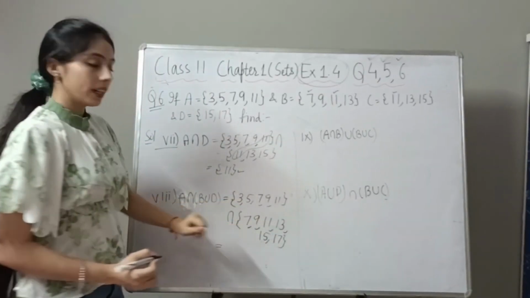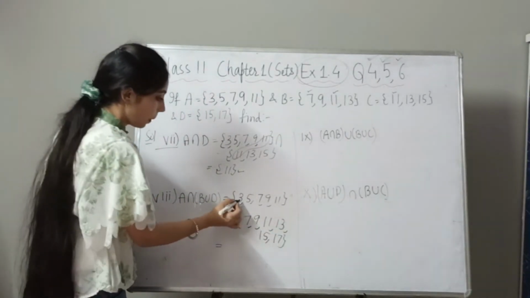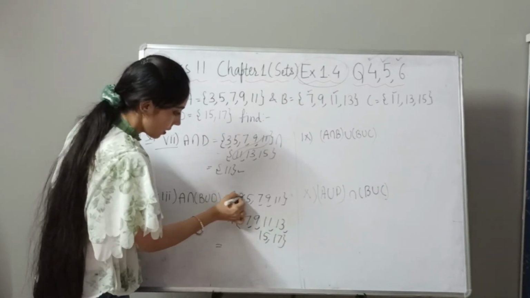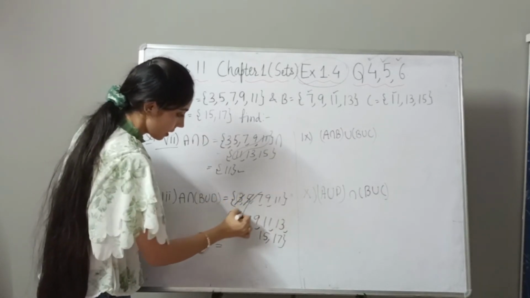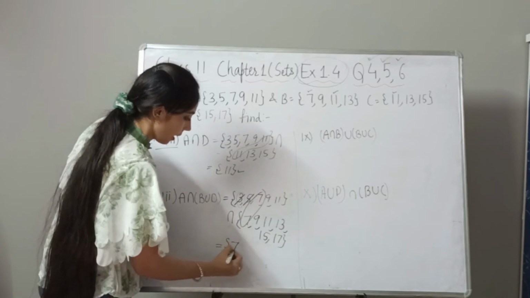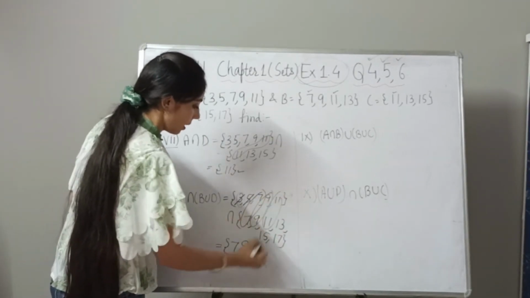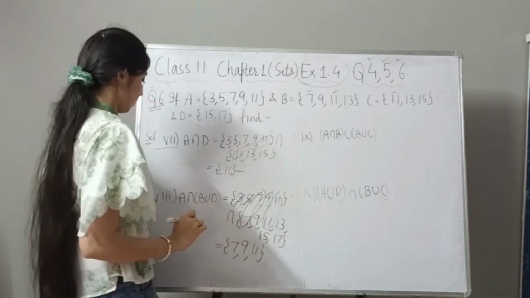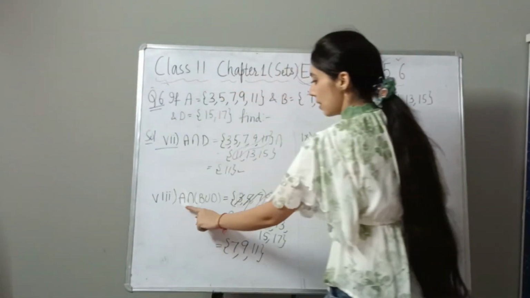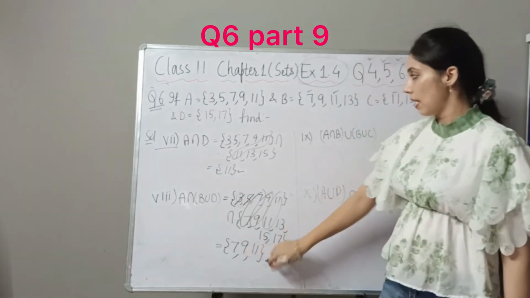So we have to find the intersection of these two. So in intersection 3 is excluded, 5 is excluded, 7 is in both the sets. So 7 is in the intersection, 9 is also, and 11 is also. So A intersection B union D is 7, 9, 11.